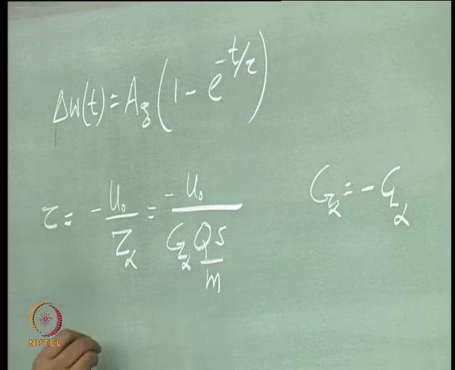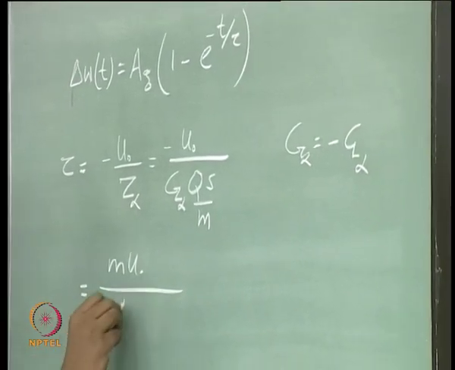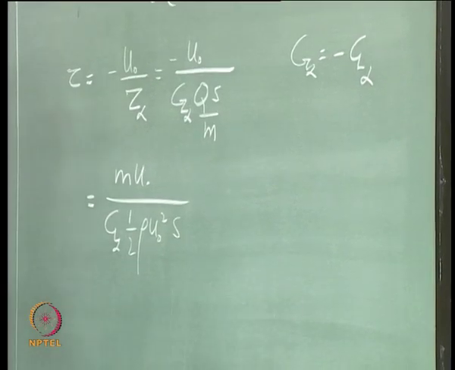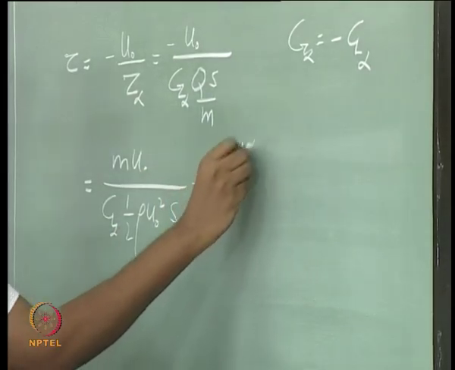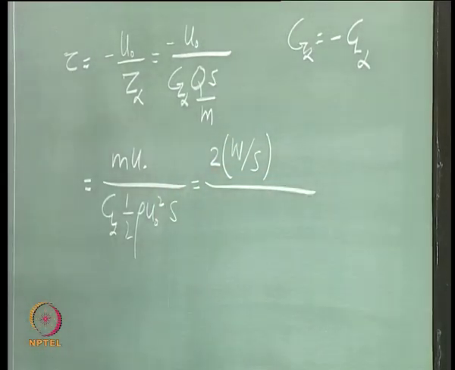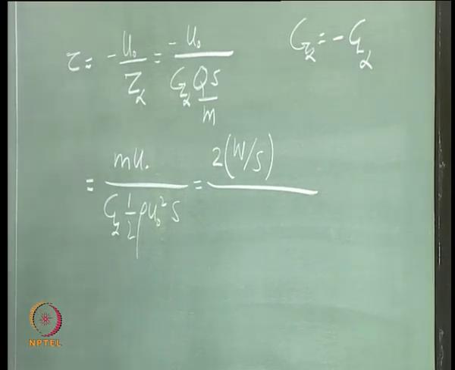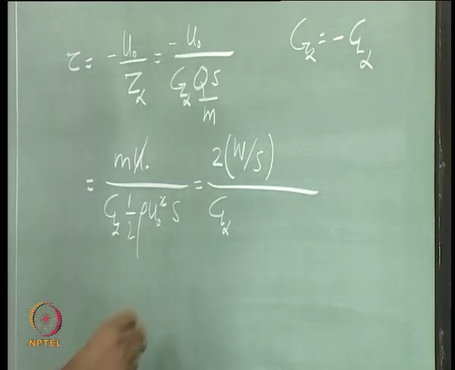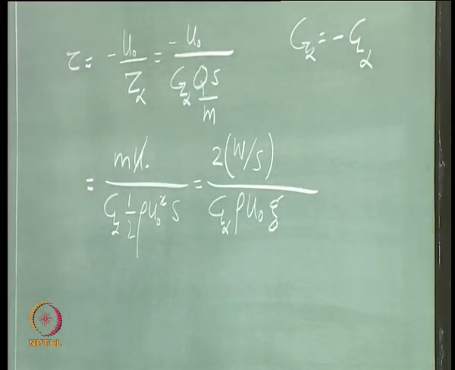So, what we get is m u naught over Cl alpha into half rho u naught squared into S, and this is equal to 2 into W over S, which is the wing loading, over Cl alpha rho u naught into g.